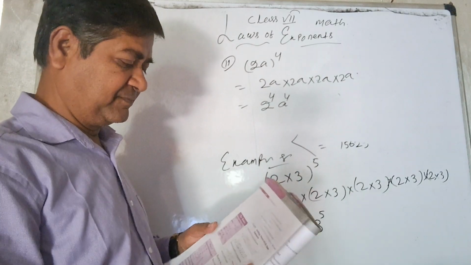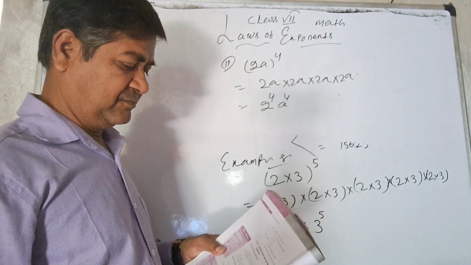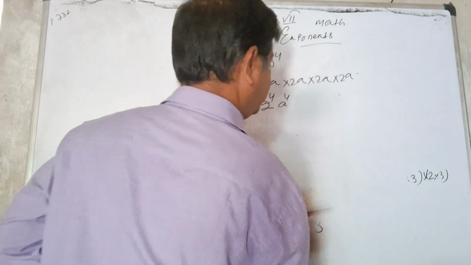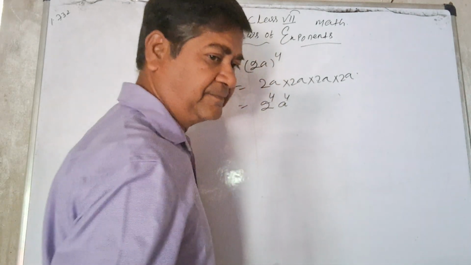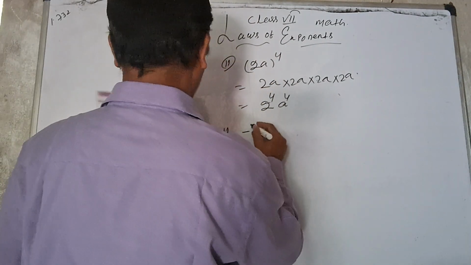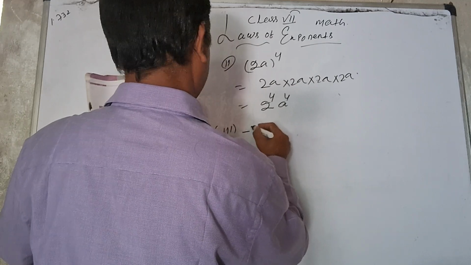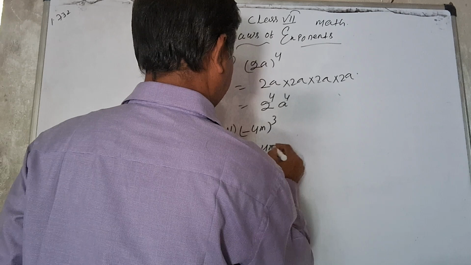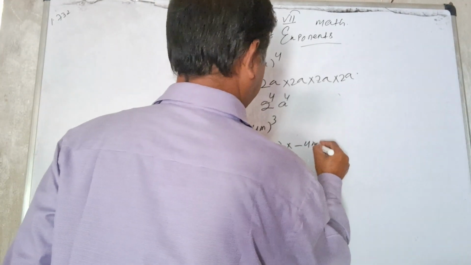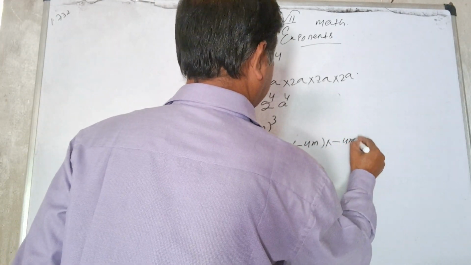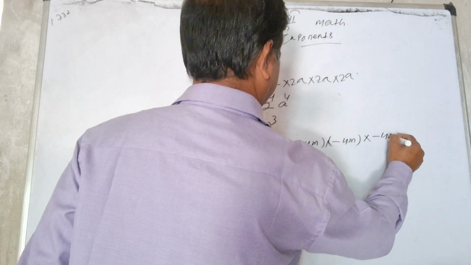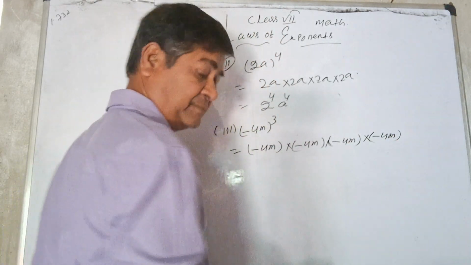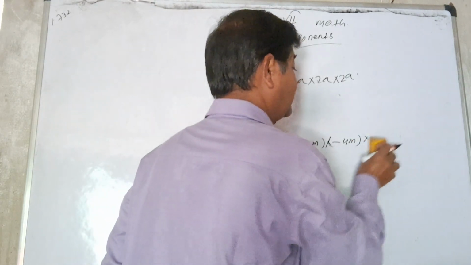Another question for you. Example 8, part 3: (minus 4m) to the power 3. The answer will be minus 4m into minus 4m into minus 4m. Sorry, the power is 3, so only 3 times.